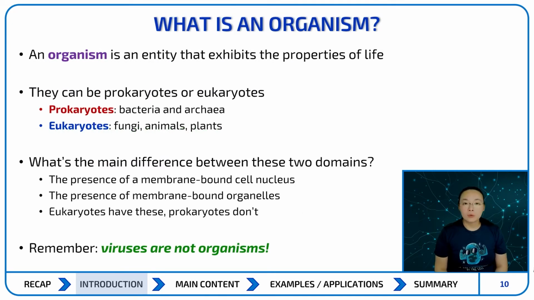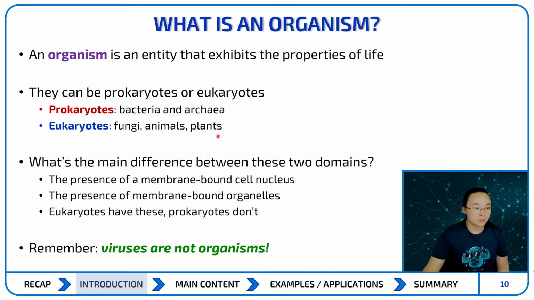So an organism, the first thing we have to talk about is what is an organism? An organism is essentially any entity that exhibits the properties of life. So by this, we are simply just looking at something that's living. And living organisms can be broken up into two main categories. They can be prokaryotes or they can be eukaryotes.